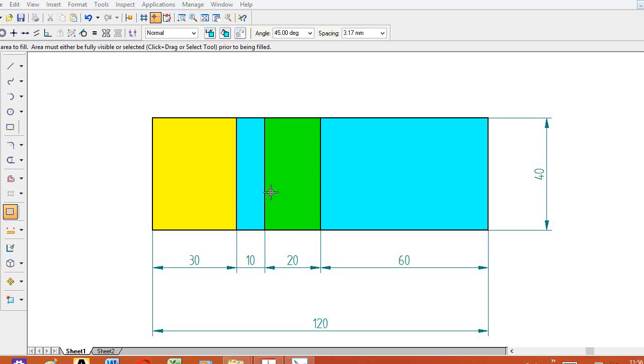The green color portion is the angle of return, and the remaining blue color portion is dwell 2. So we keep marking from the left side so that it totally becomes 120 mm. This is on the horizontal axis.